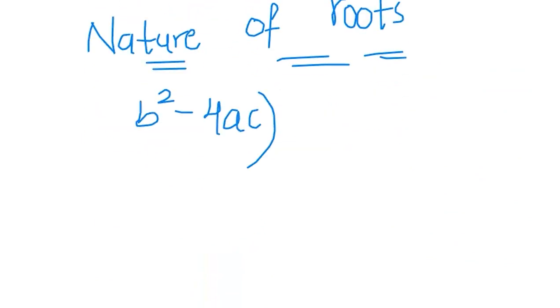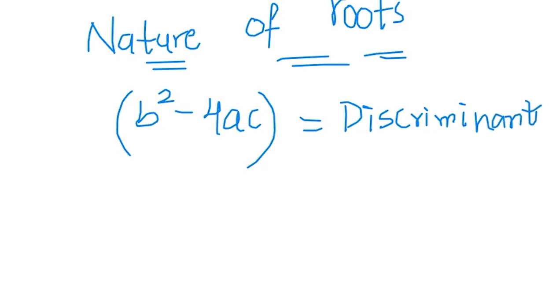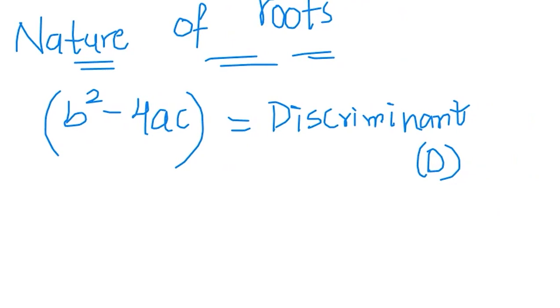We have a name for this b squared minus 4ac. It is called the discriminant, capital D, or in some textbooks you might find it as delta. Delta for discriminant. For simplicity, D.